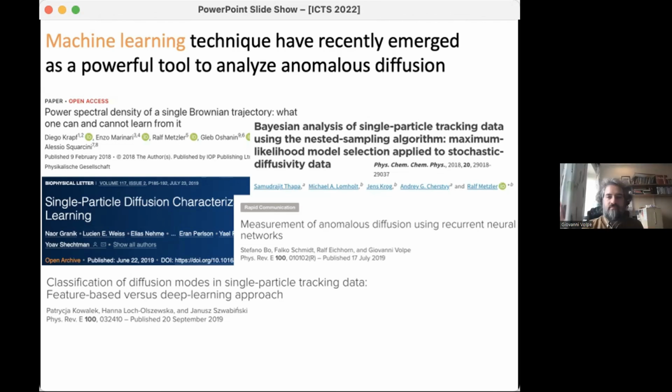Thank you. I was wondering, in the context of say swimming microorganisms, we sometimes talk about diffusion, maybe not so much anomalous diffusion, but regular diffusion. So we could think of microswimmers that do have normal diffusion.